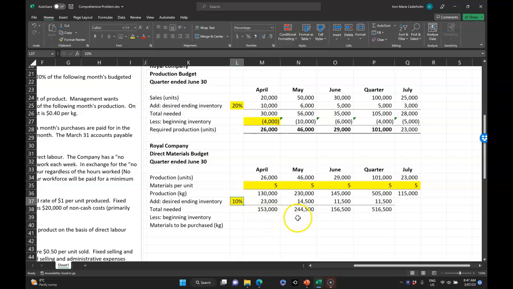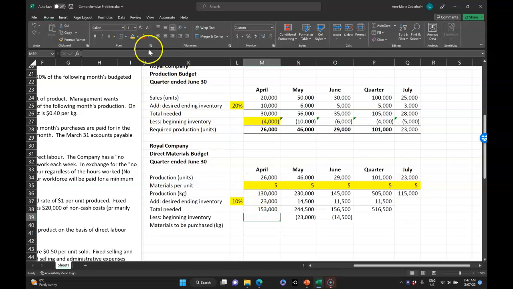So the beginning inventory is the previous month's ending inventory. Probably don't even need that over there.